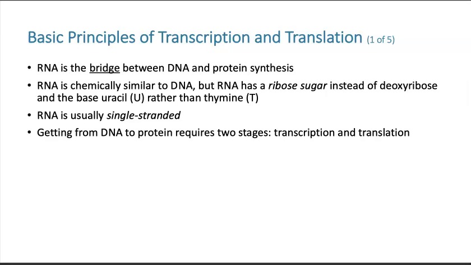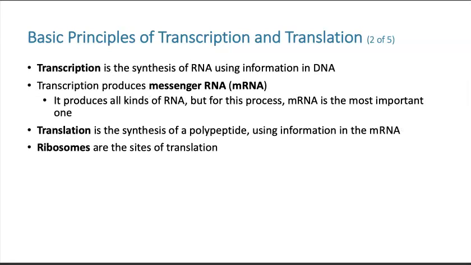And we're going to go through those two processes of transcription and translation in order to go from DNA to protein. Let's start out with the definition of transcription. Transcription is the process by which we synthesize RNA using the information in DNA. Transcribe means to write something down. A scribe is somebody who copies something. So transcription is the process of copying DNA into RNA.